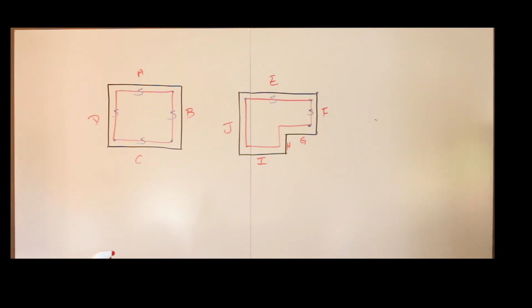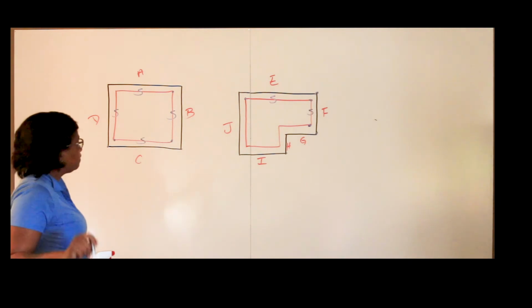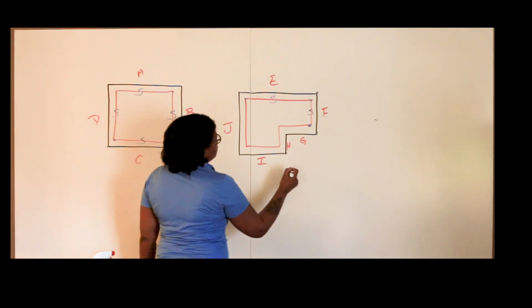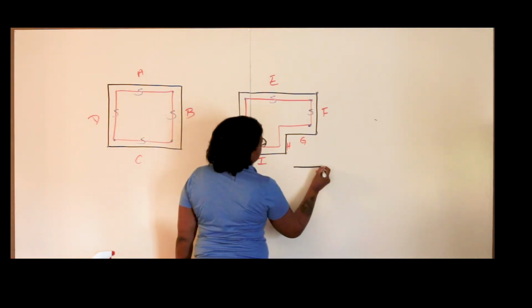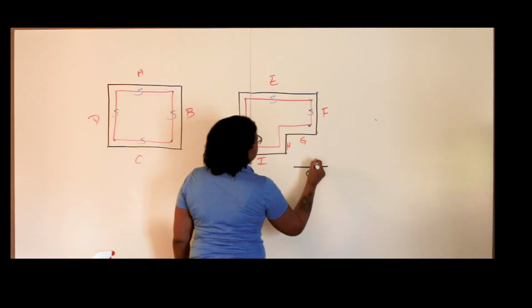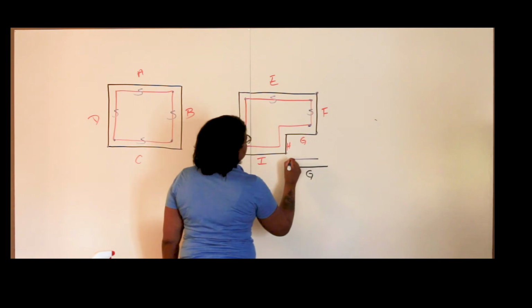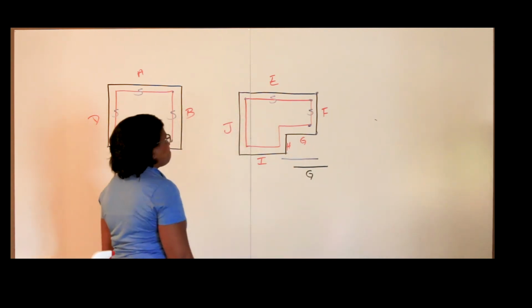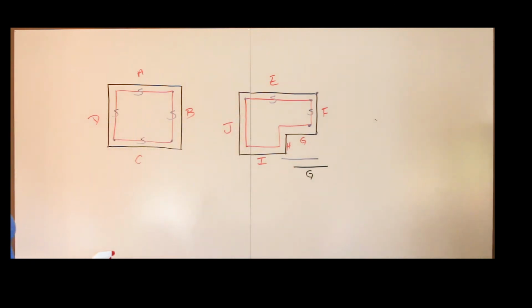All right? How and why? Look at G. The interior wall for G shifts inward.